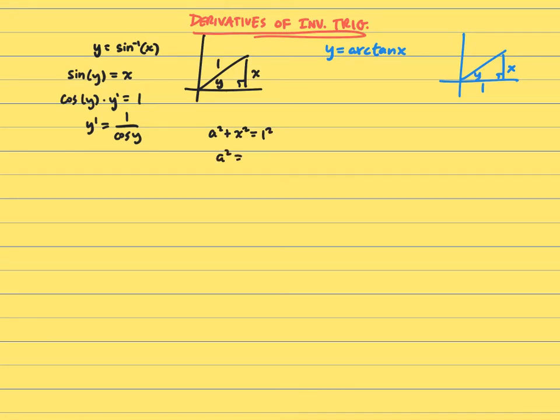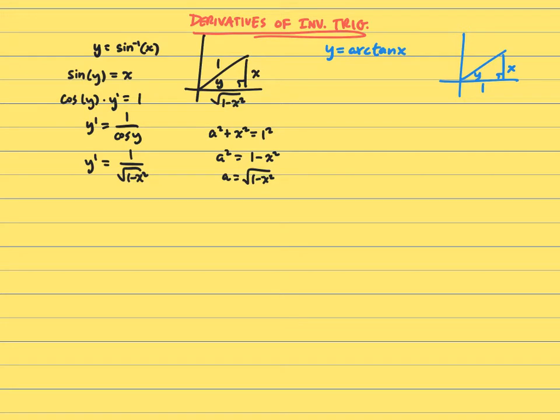So a squared would be 1 minus x squared, and a would be the square root of 1 minus x squared. So if I were to find then the cosine of y, that would be the square root of 1 minus x squared over 1. Therefore, the derivative of the arc sine or inverse sine is 1 over the square root of 1 minus x squared. Okay, let's look at arctangent.